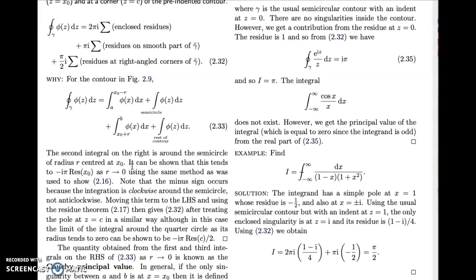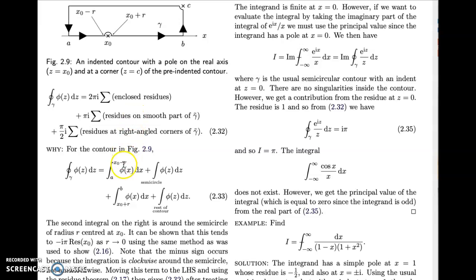Now the important thing is that, well, I suppose I do actually need to just talk about this. So if we just concentrate on what's happening from here to there, from A to B, what we're doing is integrating our function phi from A up to just before x0.